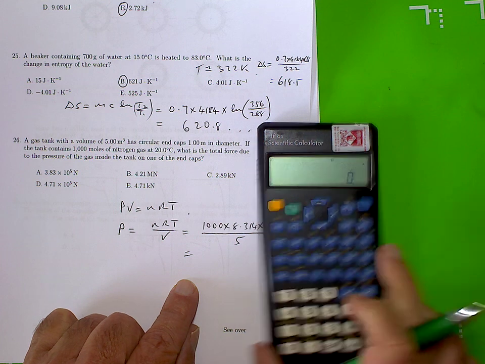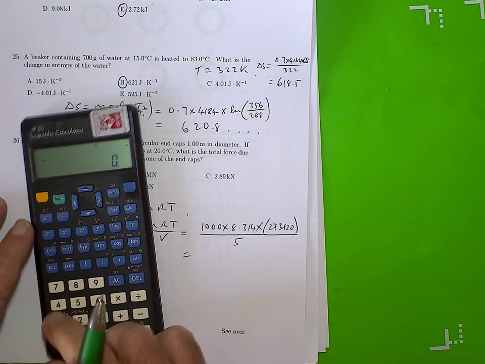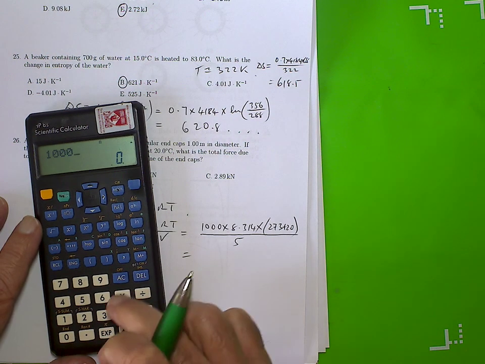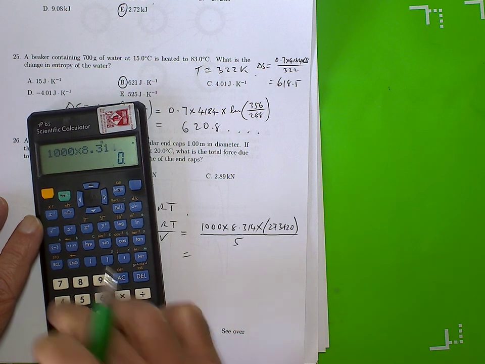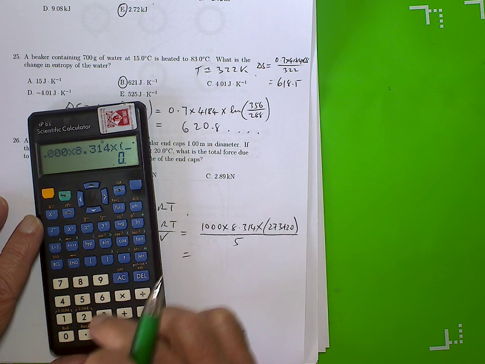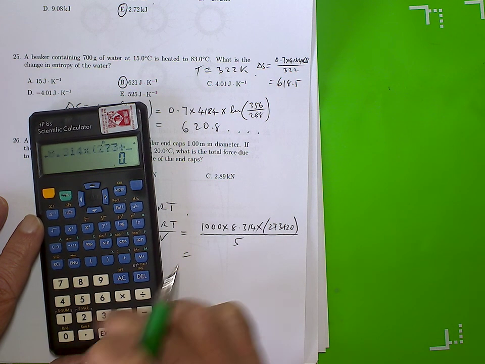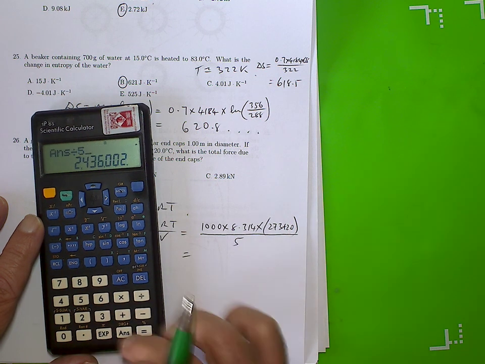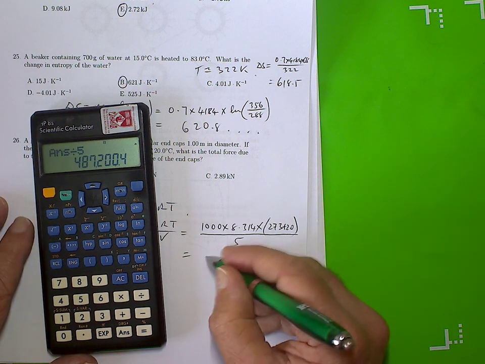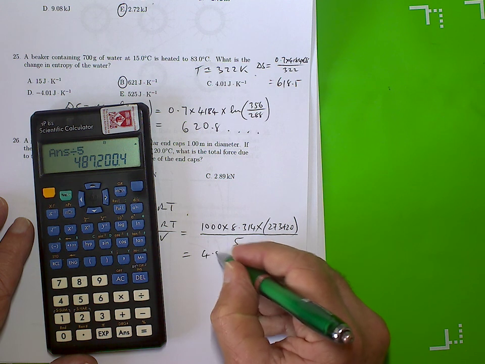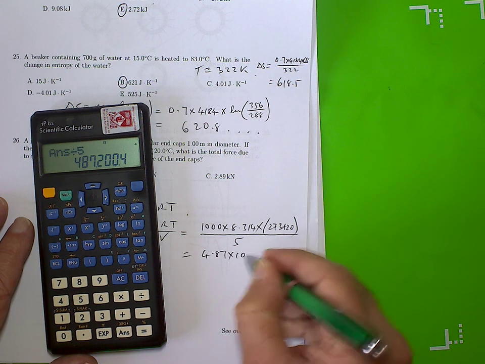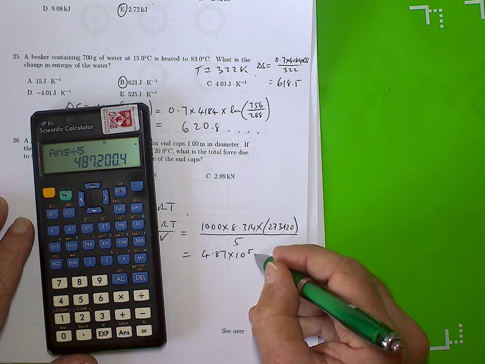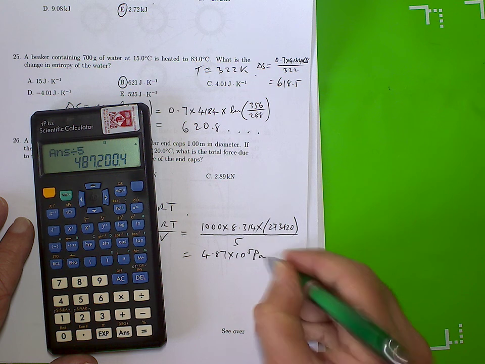So pressure is 1000 times 8.314 times 273 plus 20, divided by 5, which gives us 4.87 times 10 to the 5th pascals.